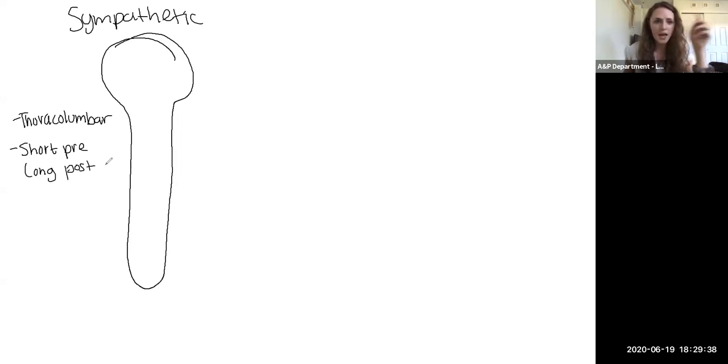Just meaning that the ones that are on your spinal cord are short and the ones that are connected to them away are long. This causes a widespread, long-lasting response.